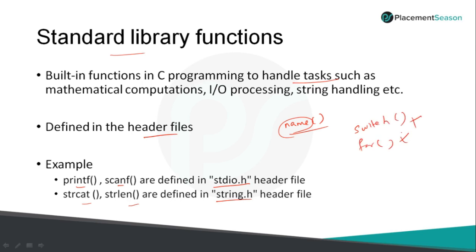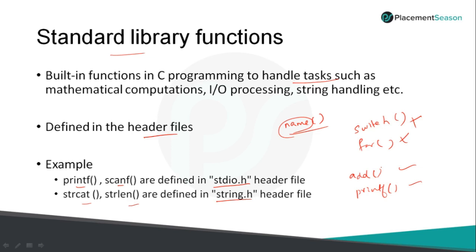These are not functions. For example, add followed by some bracket, printf followed by bracket, is called a function. So a name followed by bracket is a function, and the name should not be a keyword.